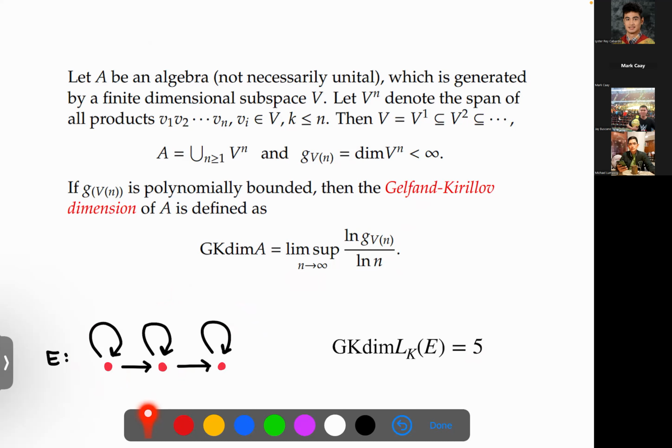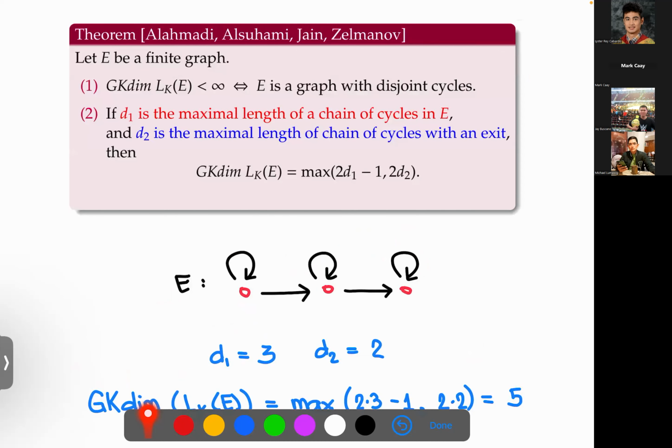So maybe there is a different way of computing the Gelfand-Kirillov dimension without looking at subspaces and without looking at limits. Good for us, there is, and that's a result by Alahmadi, Alsulami, Jain, and Zelmanov. They say that if the graph contains cycles which are disjoint, which means that they are not sharing any common vertex, then the Gelfand-Kirillov dimension is finite.